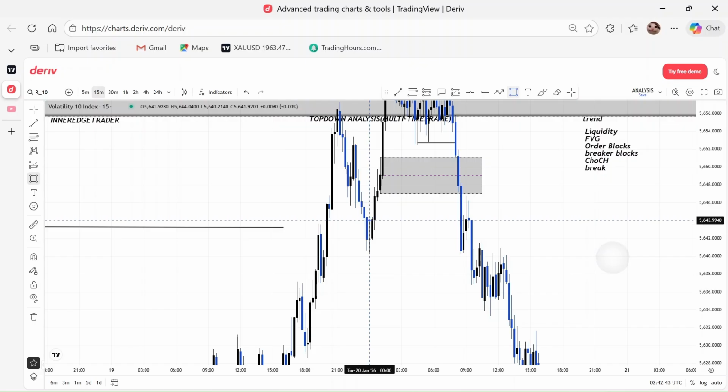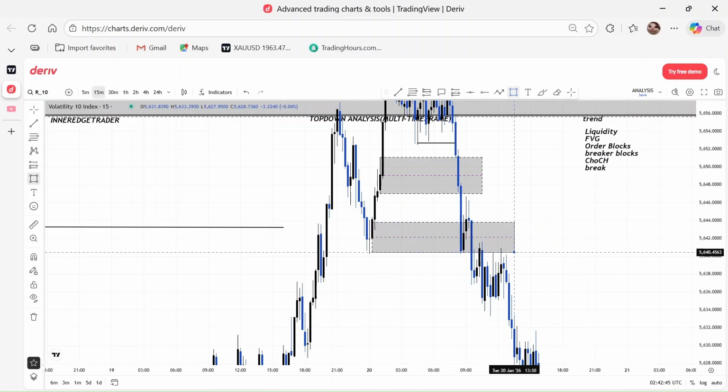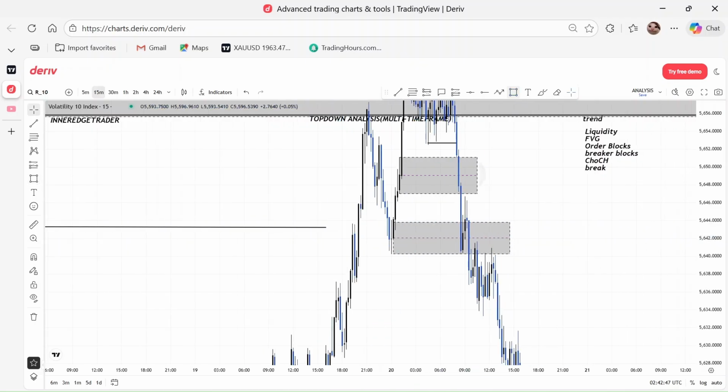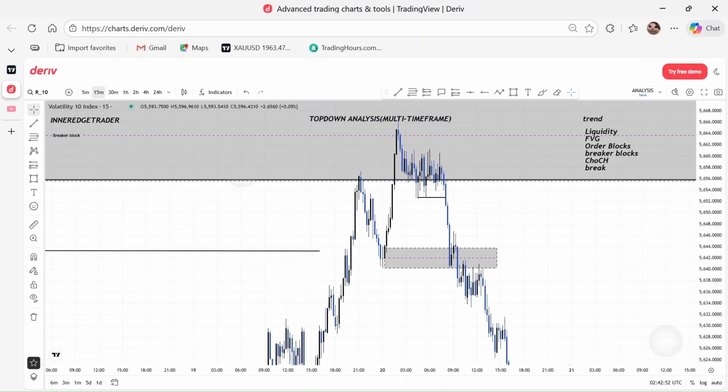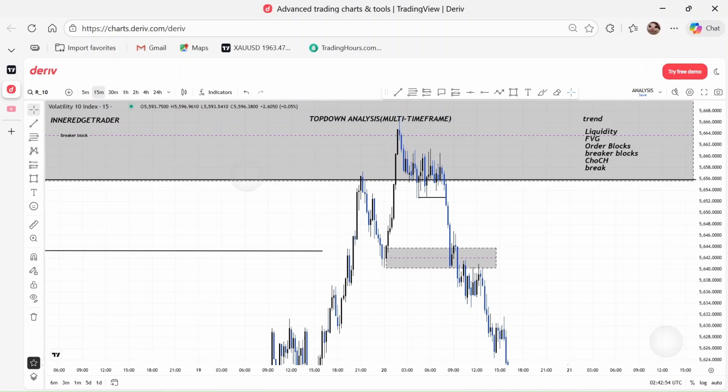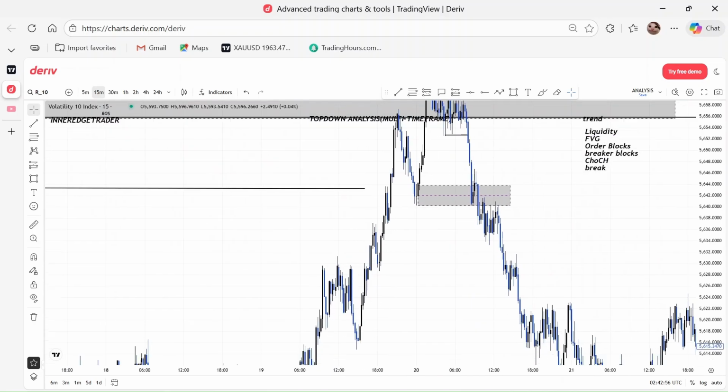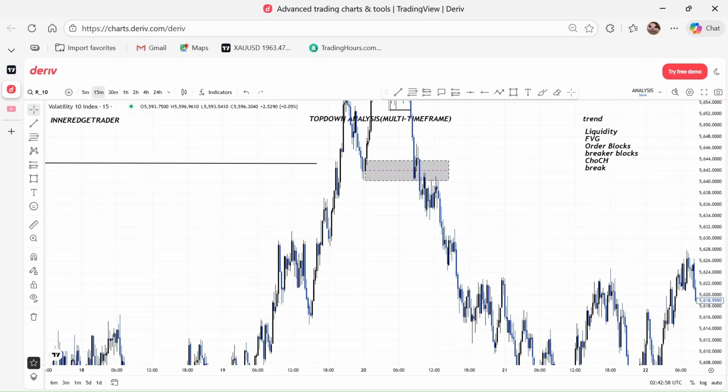Still broke through this. Broke through this on a 15-minute time frame and kept on retesting to the downside. Kept on making lower lows and other blocks.